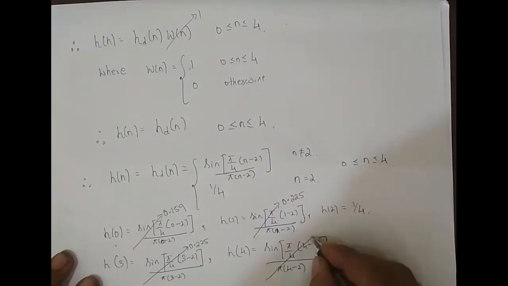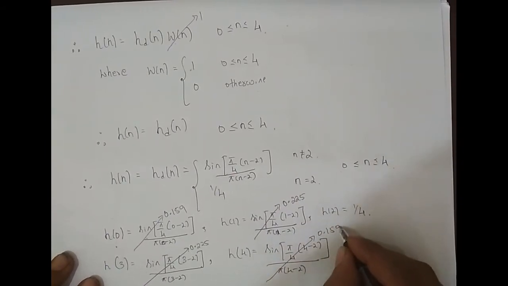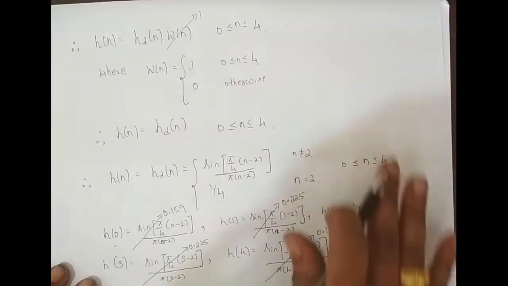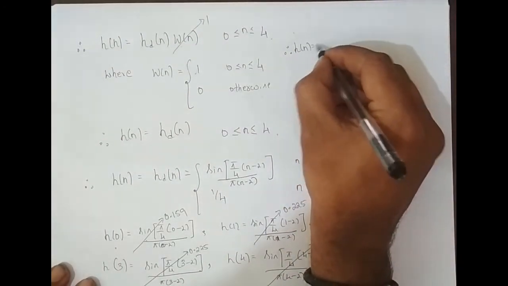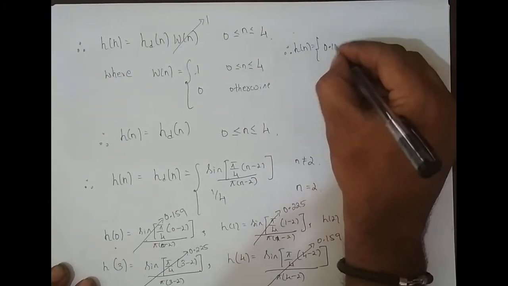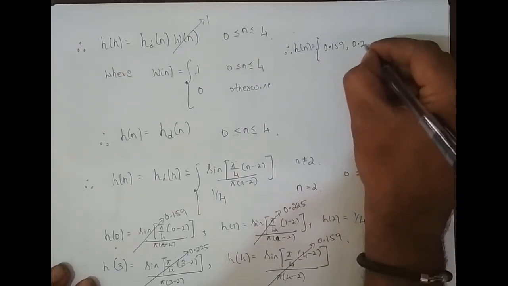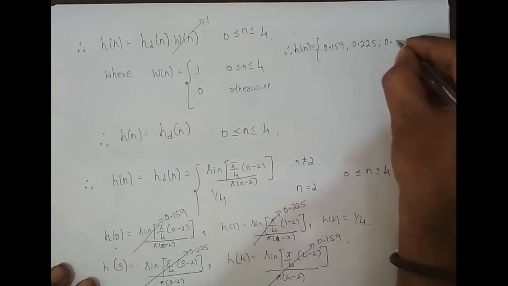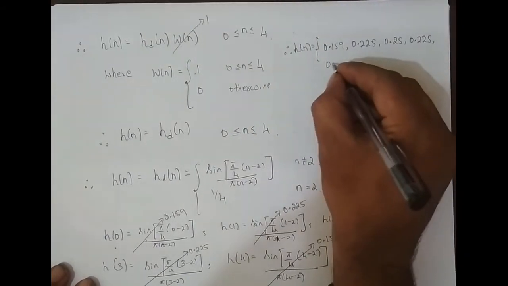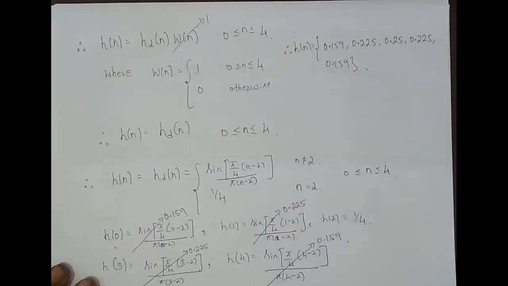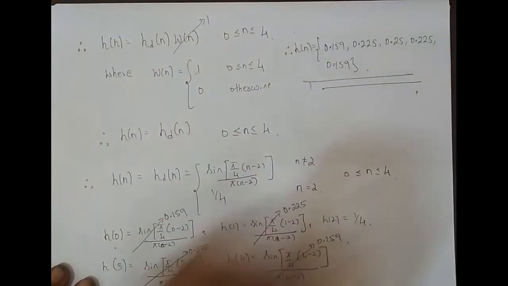Okay, so if you look at it, it's symmetric, right? First sample is equal to last sample, second sample is equal to last but one sample, and middle sample is 1 by 4. So our h of n is 0.159, 0.225, 0.25, 0.225, 0.159. So this is our h of n.